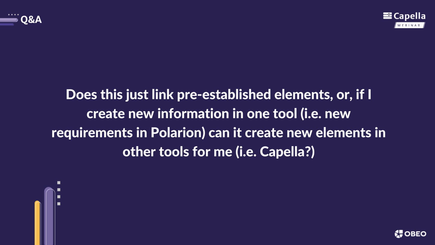You could think of any tool that can be connected through SES. We can take this information and create the new elements in the other tool. So we can bring new elements, requirements, risks, test cases, issues, you name them, from one tool to another. That's part of the capabilities that the interoperability is providing. And creating with or without transformation of attributes, of models, that's up to your configuration.